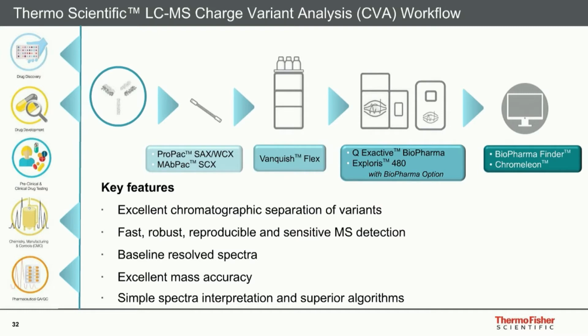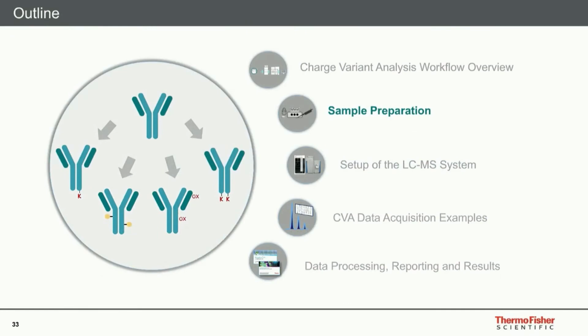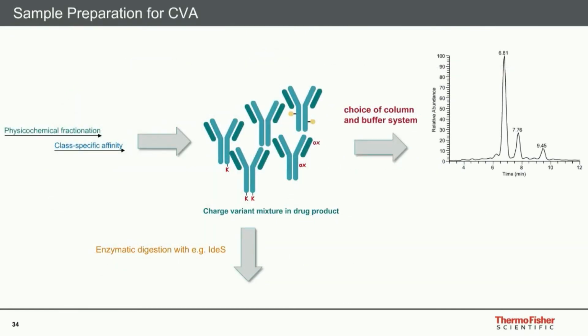So regarding sample preparation, there is, for charge variant analysis, actually not too much to talk about. But that very much, of course, depends on where exactly the sample comes from that you desire to analyze. If it's, for example, a sample directly drawn from a fermenter, there are the usual purification procedures required, like fractionation and affinity purification.